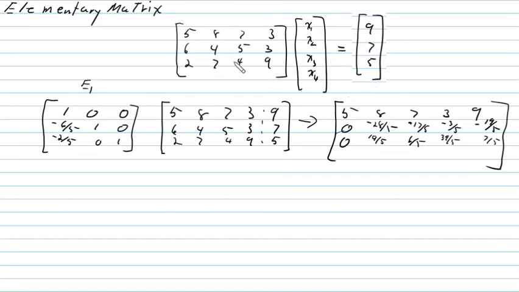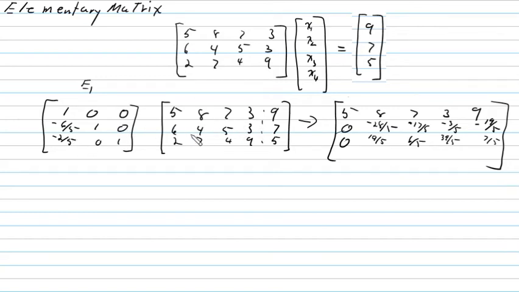So we create our augmented matrix, and then we're going to take this augmented matrix to reduced row echelon form. And we're going to do so using our elementary matrices.